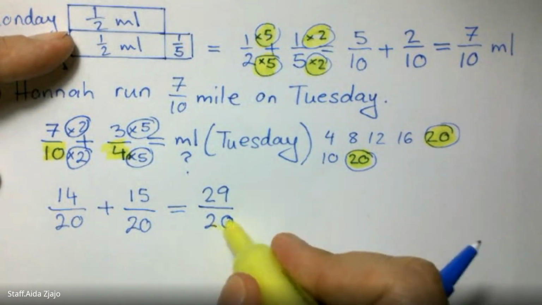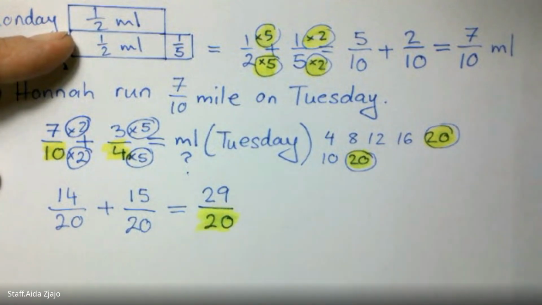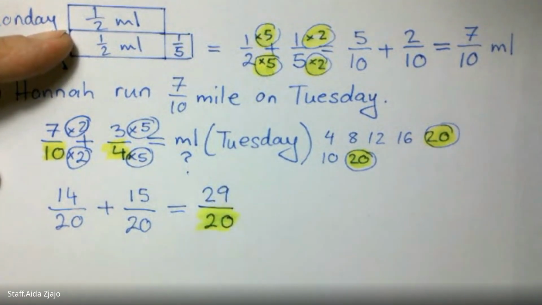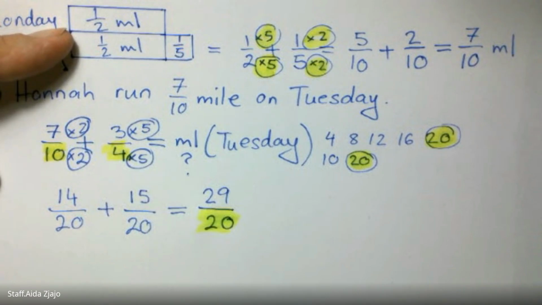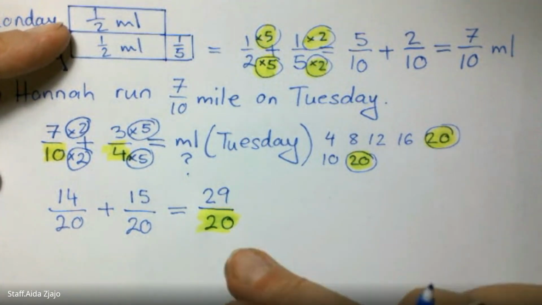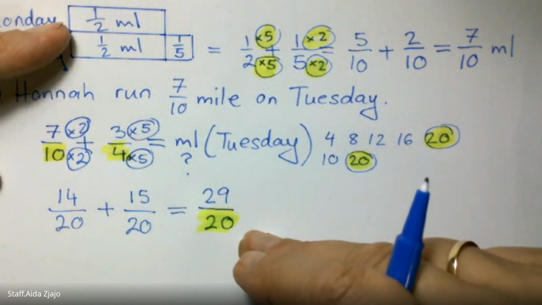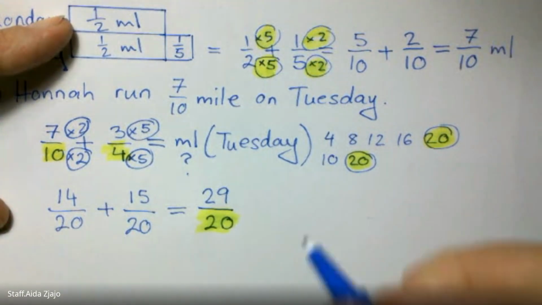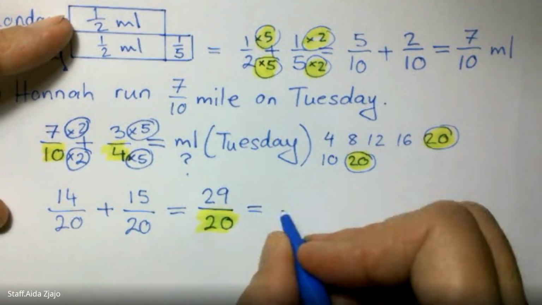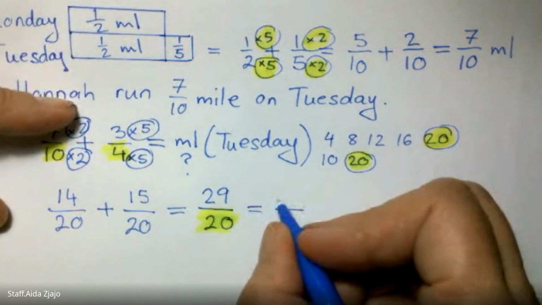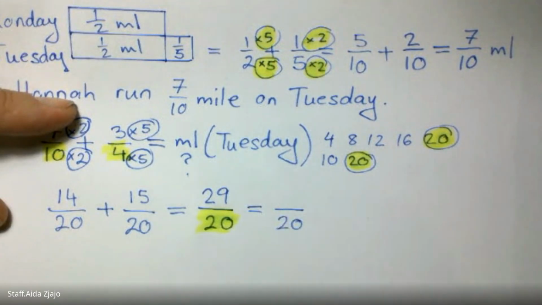20 pieces makes a whole, and the girls ran together 29/20. That tells us that inside of 29/20 there is 1 whole mile that they ran. If we decompose 29/20, we can say 20 pieces makes a whole.